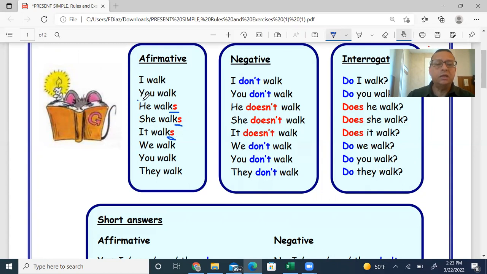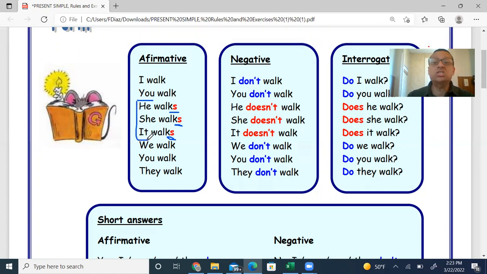With he, she, and it, the third person singular only. You don't use the s with the other persons. You only use s with the third person singular. This does not mean that the verb is plural. It means that the verb is in the third person. I walk, she walks. You walk, he walks.